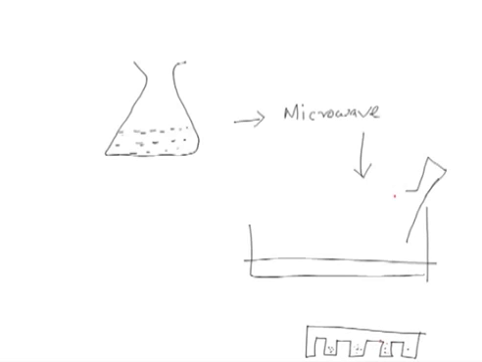The comb can be placed horizontally in one position, and when it is placed here, it will create wells. The number of wells will be according to the number of strips the particular comb contains.